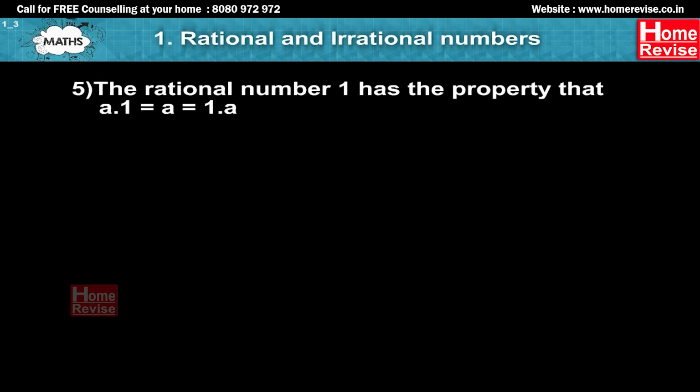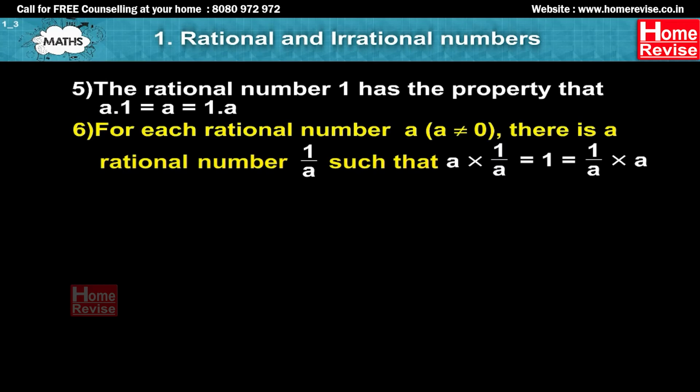Number 6, for each rational number a where a is not equal to 0, there is a rational number 1 upon a such that a into 1 upon a is equal to 1, that is equal to 1 upon a into a.